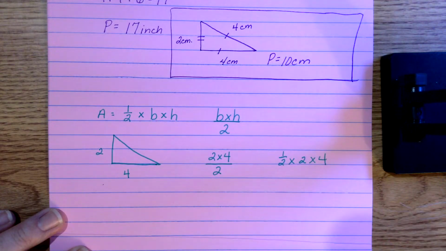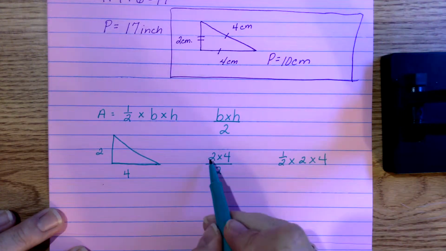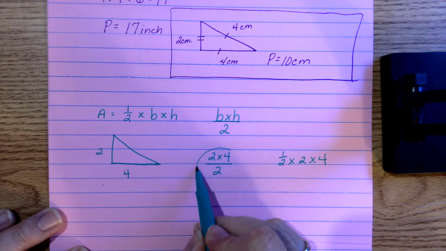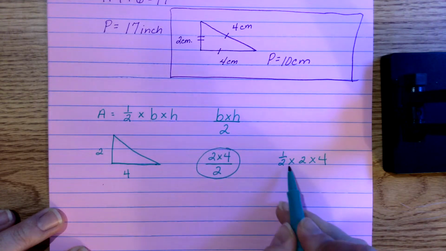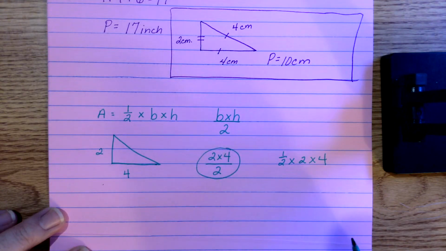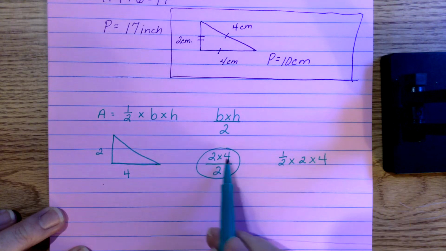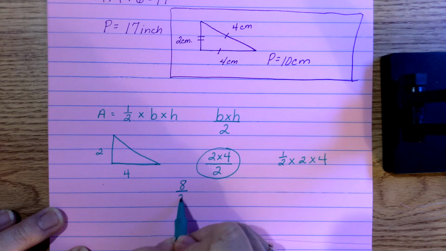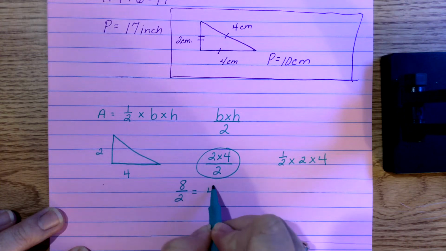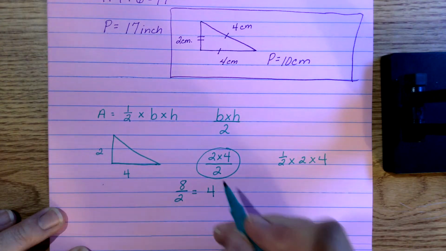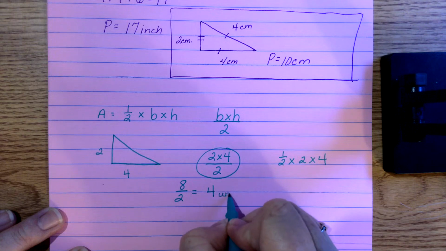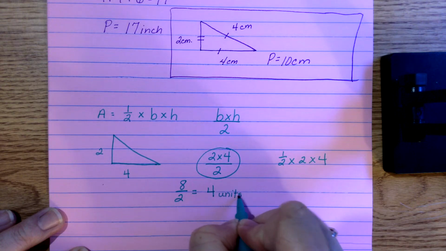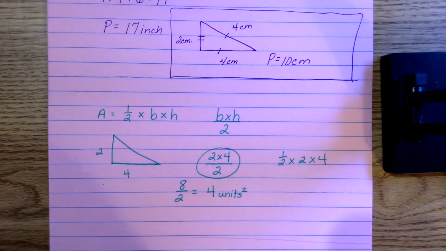Either one of those is okay. I like this one just because it's easier for me, but you can do 1/2 times 2 times 4 if that's easier for you. 2 times 4 is 8. 8 divided by 2 equals 4. I didn't put any units on there, so I'm just going to put 4 units squared. Yes, we are still dealing with squares.